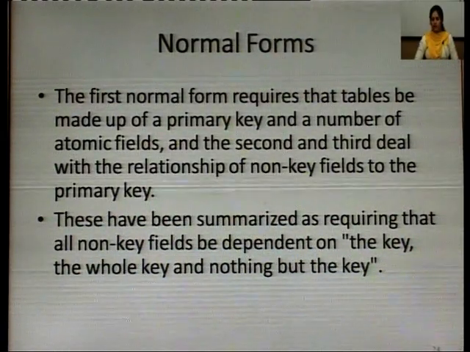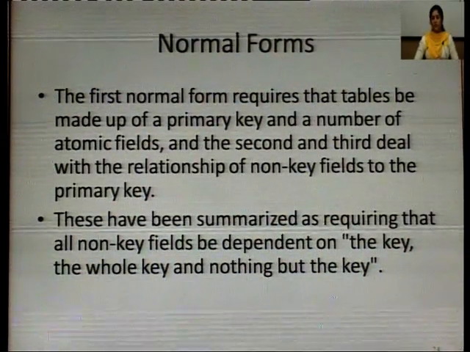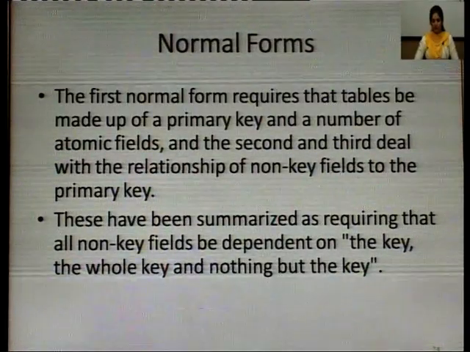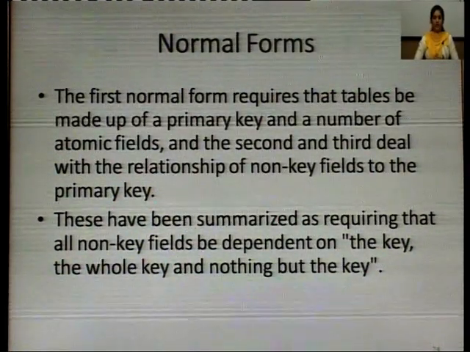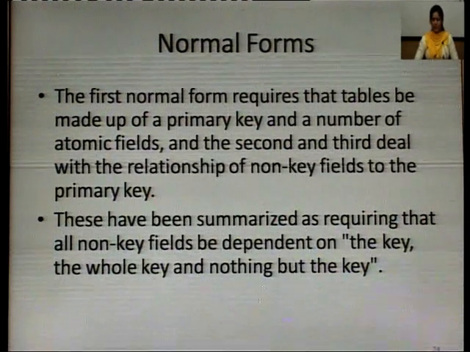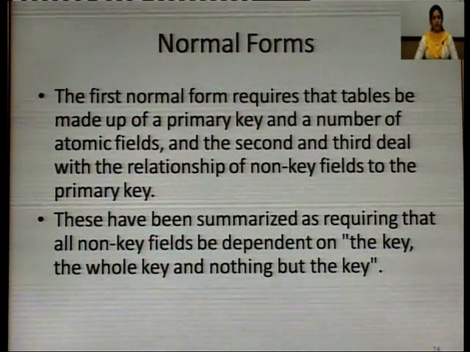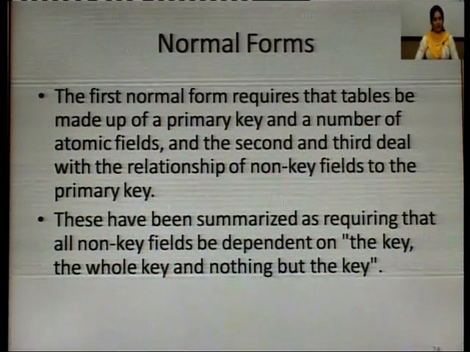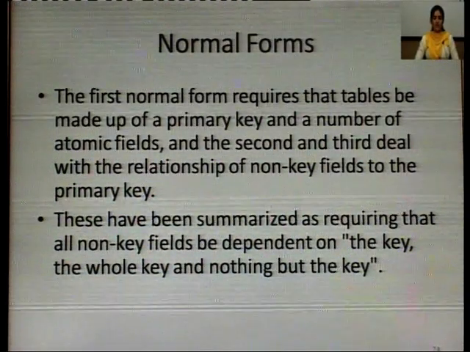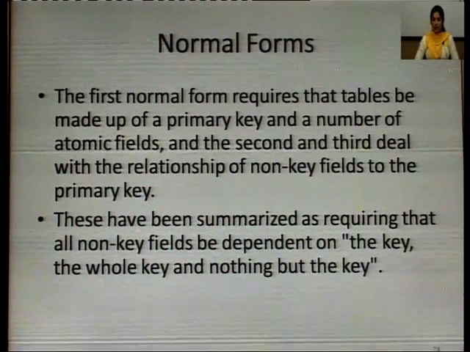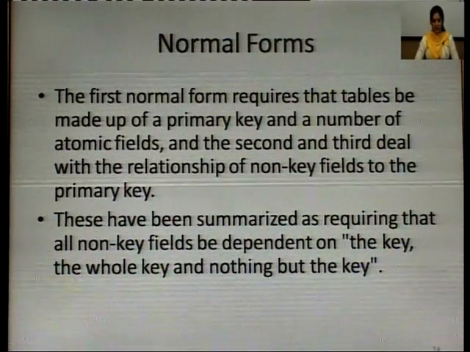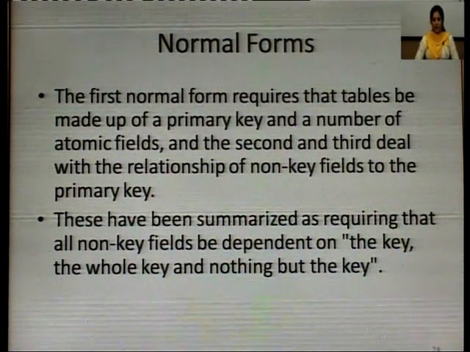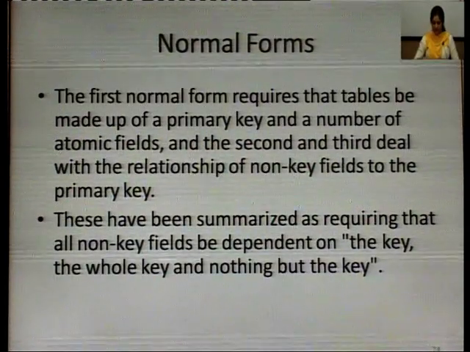And the second and third normal forms deal with the relationship of non-key attributes to the primary key. What type of relation the non-key fields have with the primary key, all this is done in the later forms. These have been summarized as requiring that all non-key fields be dependent on the key, the whole key, and nothing but the key.